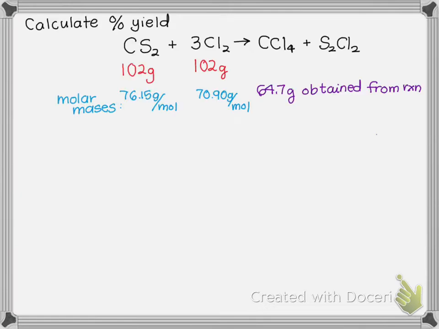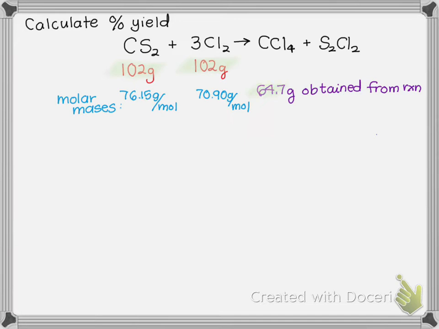So going back and looking at what I have here, in the problem that I was reading to make this video, I was given the amount of the CS2 right there in light green. I wrote it in red, and the amount of chlorine gas.